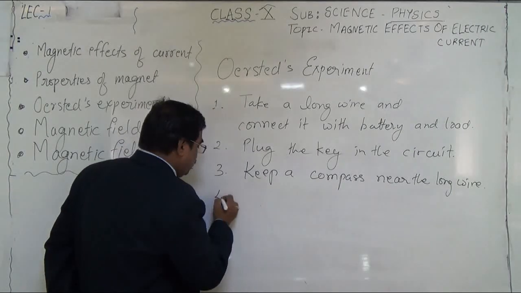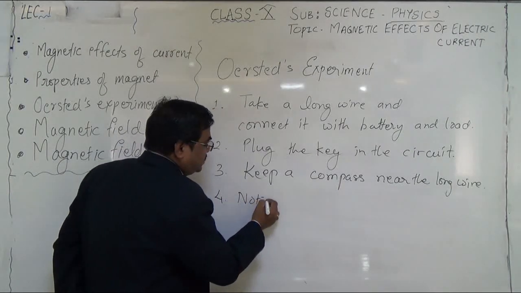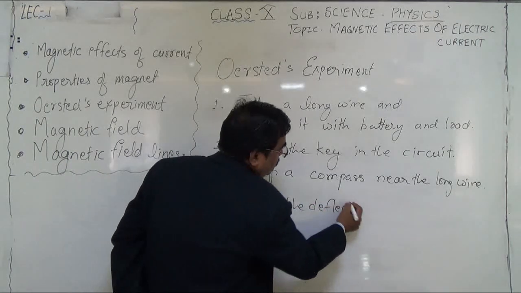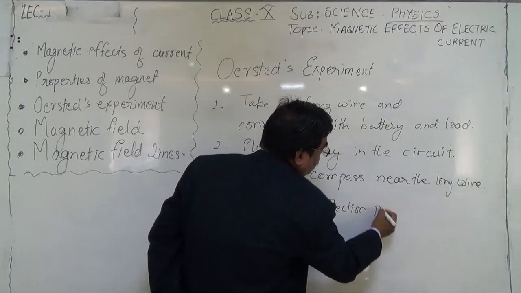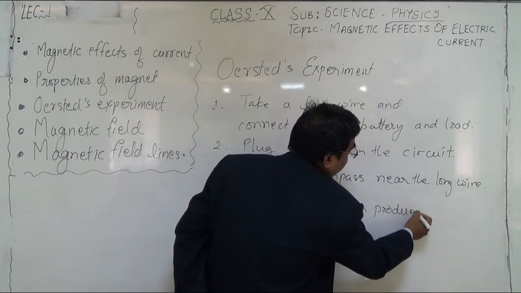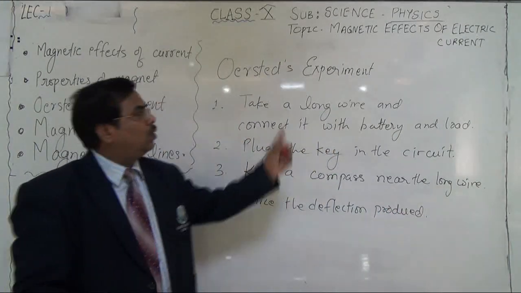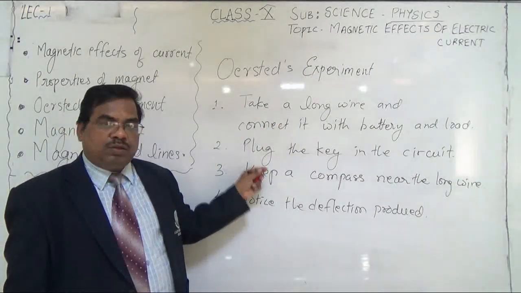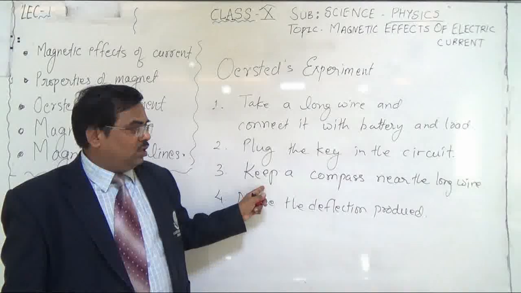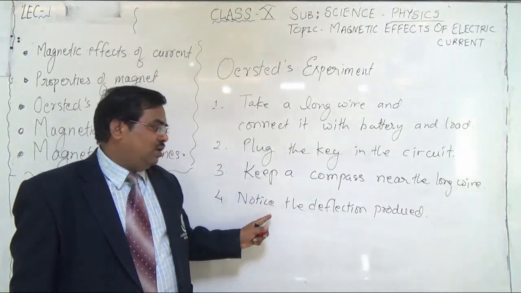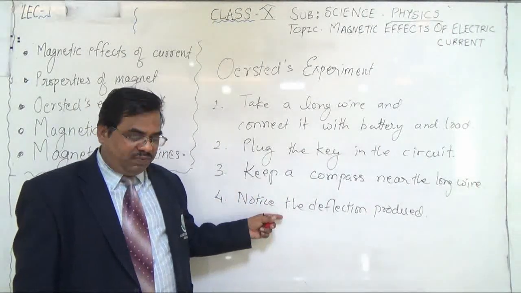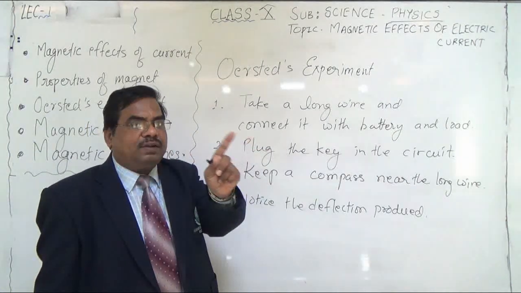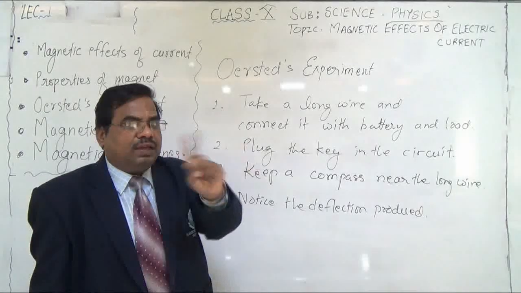And number 4, notice the deflection produced. So take a long wire, connect the battery, insert the key, bring the compass near the wire and see the deflection. Deflection is the moving of the needle of the magnet in the compass.